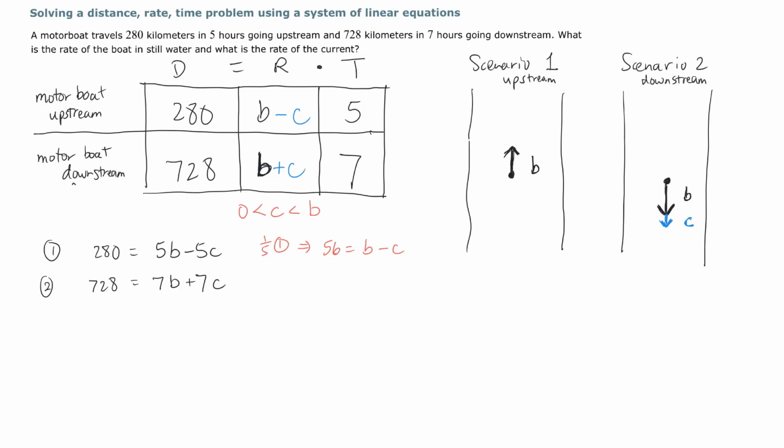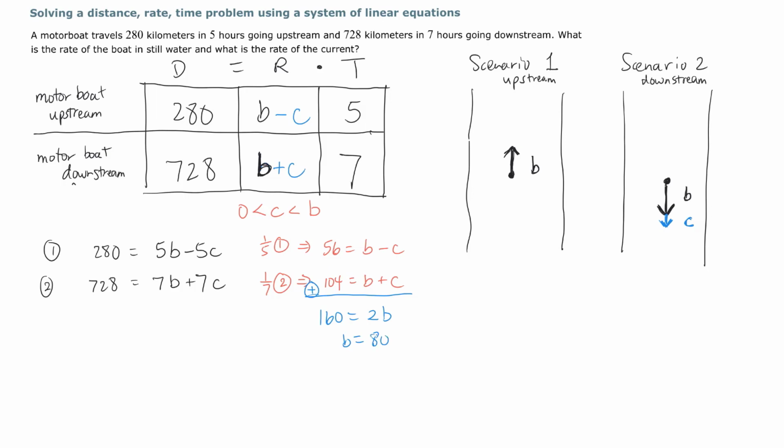Is that? Yeah, it is. So let's do 1/7 times equation 2. And we get 104 is equal to b plus c. And I'm going to apply the addition method to these two new equations. We're going to go ahead and add vertically. So we get 160 is now equal to 2 times b. So b is equal to 80.